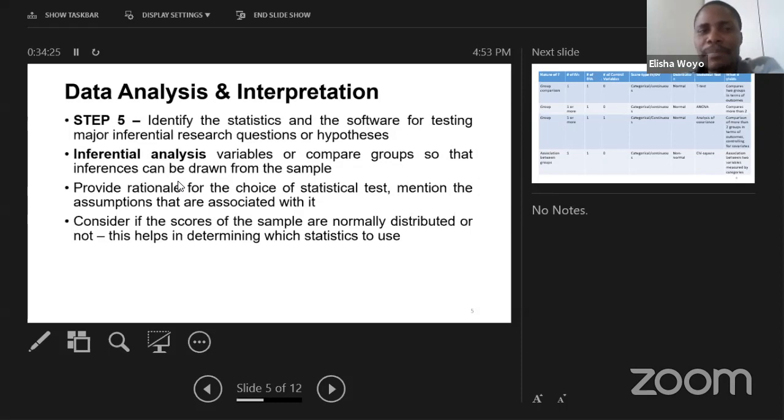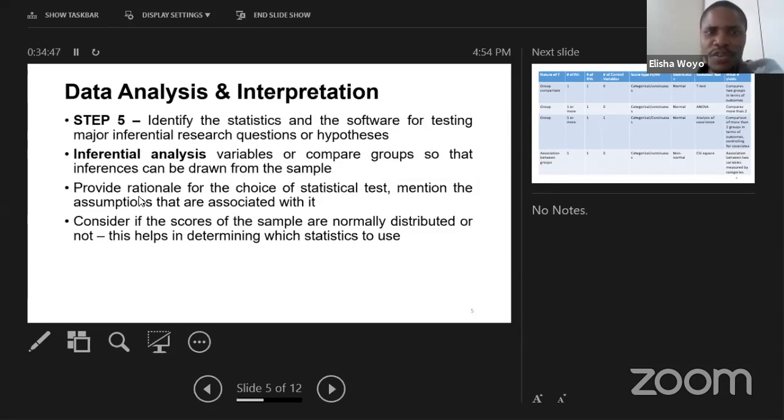When we talk about inferential analysis, we are looking at you being able to analyze data in such a way that you can make inferences regarding the variables and the groups that you are dealing with, based on the sample that you would have drawn from.